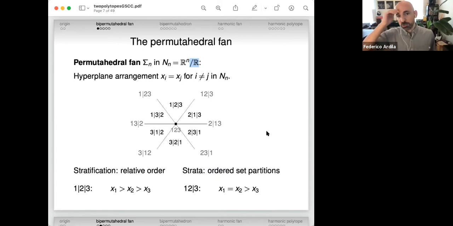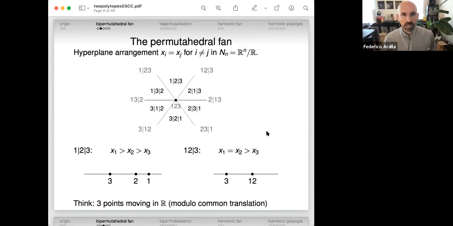So this is the permutahedral fan that we are trying to extend, and I want to think of it in a specific way. There's a model that I want you to think about, which is that you have 3 points that are moving around on the real line. Here I have 3 points dancing around this line.